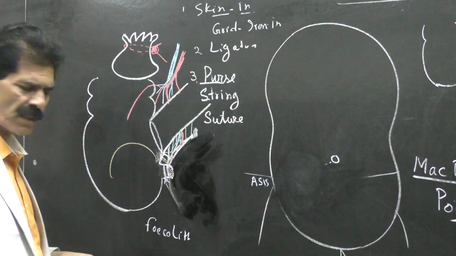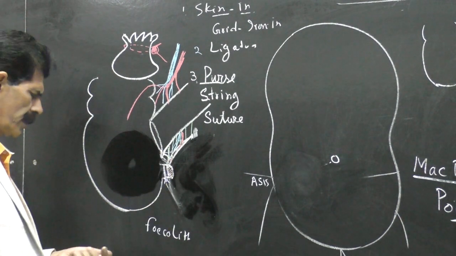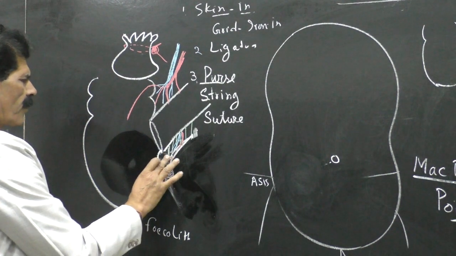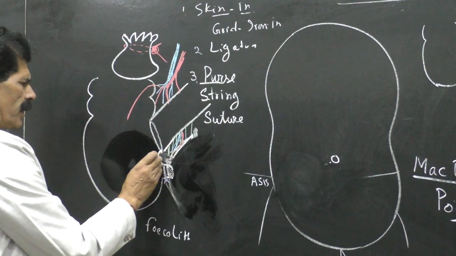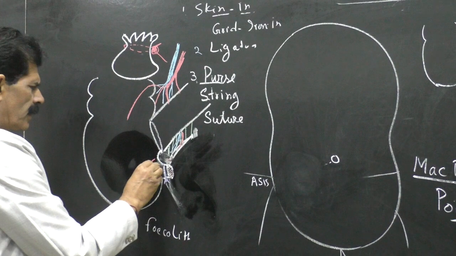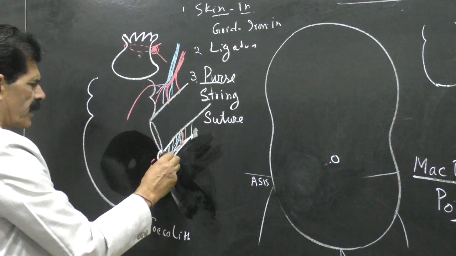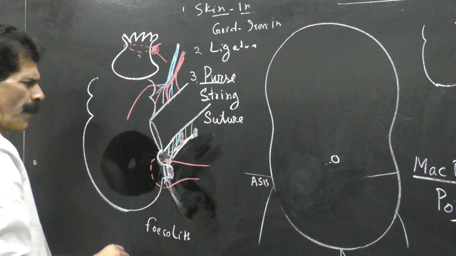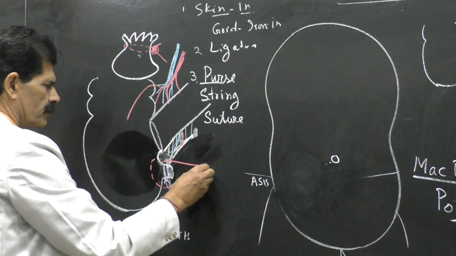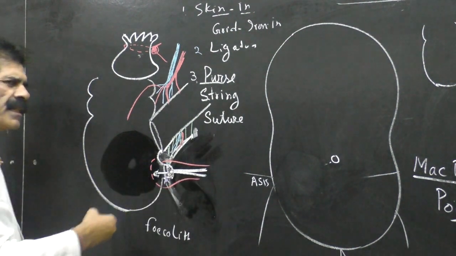In the purse string suture, what we do is put purse string like stitches in the wall of the cecum around the appendicular stump, with one thread here and the other thread here. Then with the help of forceps, we push this stump inside the cecum.